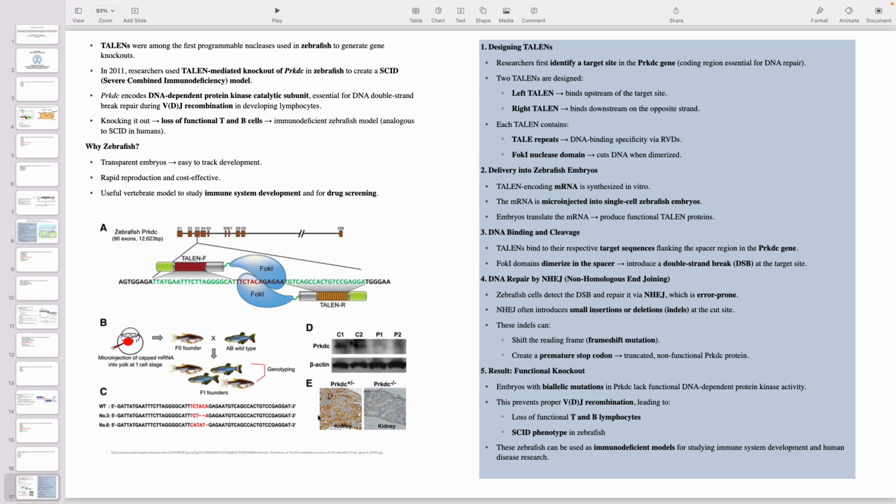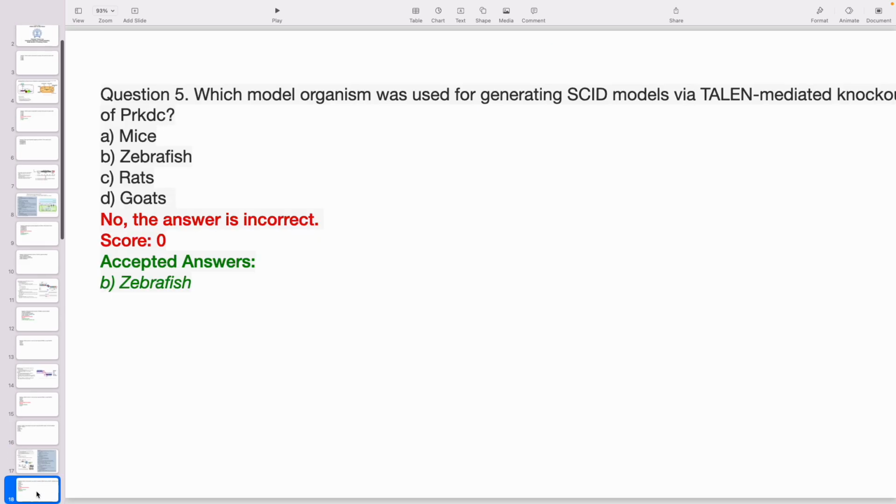So this is how TALENs are used for genetic engineering purposes as well. The correct option for this question is option B, zebrafish.